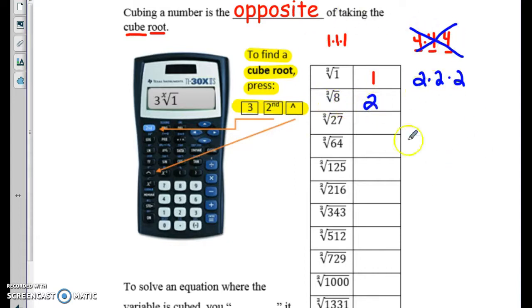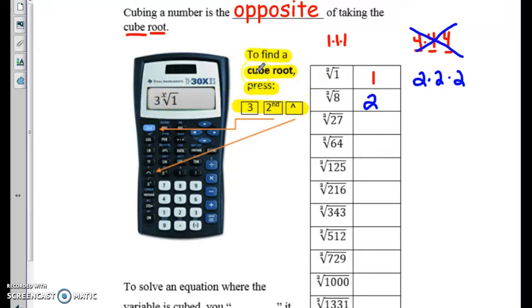So guys, to make it easier than trying to do this by hand, we do have some things on the calculator we need to learn. What's really bizarre though is we don't have a special button like we did for square roots. All we had to do for square roots, remember, is hit second x squared. The cube root button actually has to be modified to allow us to put the index in.